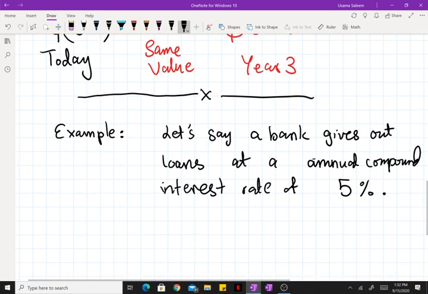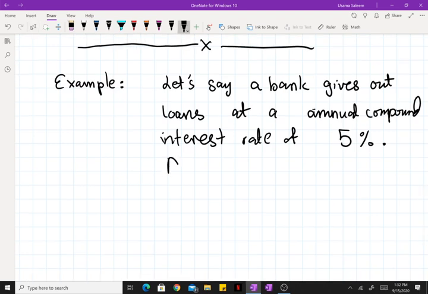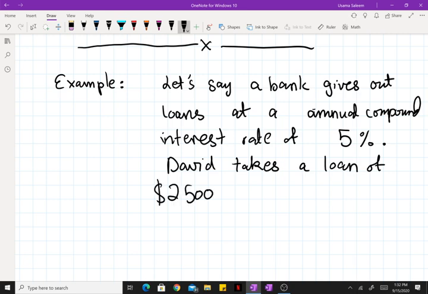David takes a loan of $2,500 and he wants to make three equal payments.